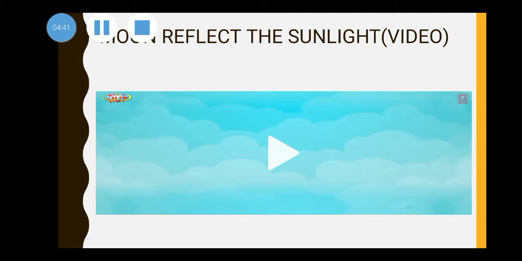If we have a torch and a screen, which is a mirror, and a ball, and we expose the mirror to the torch, we will find that the light falls on the mirror and is then reflected to the ball, and so we can see the ball as a lighted object.